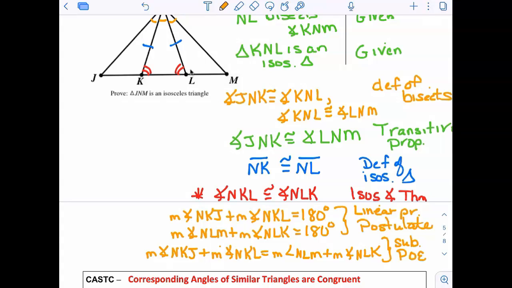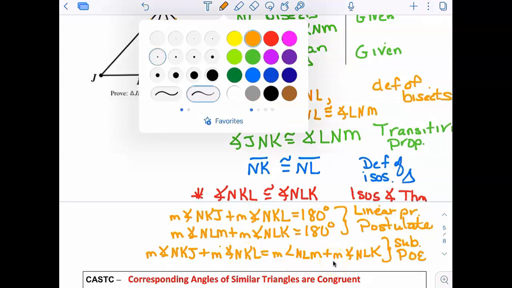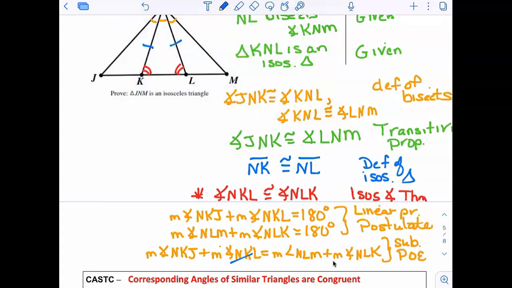Okay, now since we've made this statement up here in red, now we can cancel these two things out, okay, because if they're equal, if I cancel those out, then I can state, and I'm going to come up here on the left-hand side because I'm running out of room down here at the bottom.